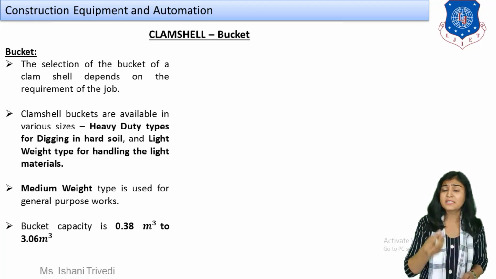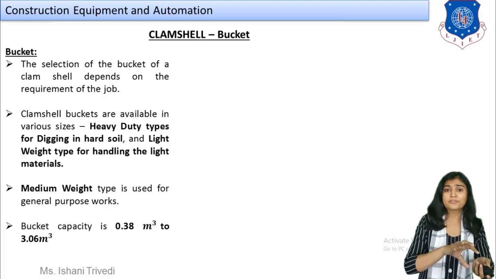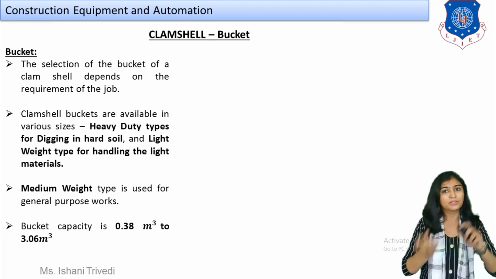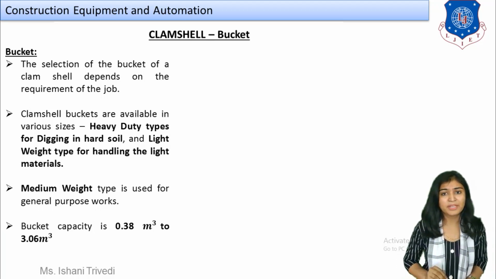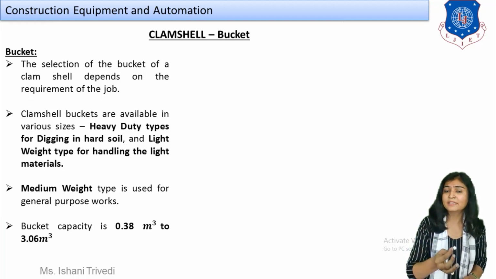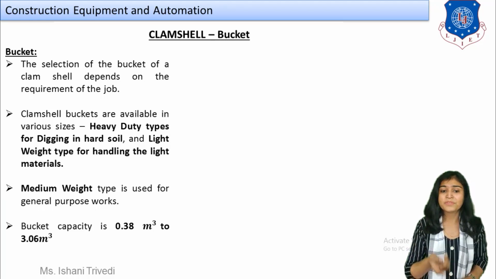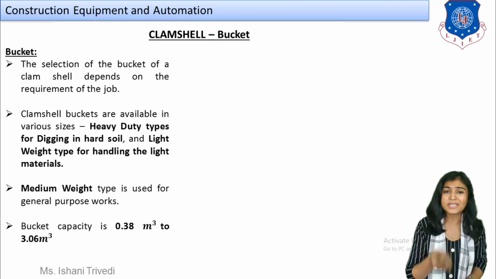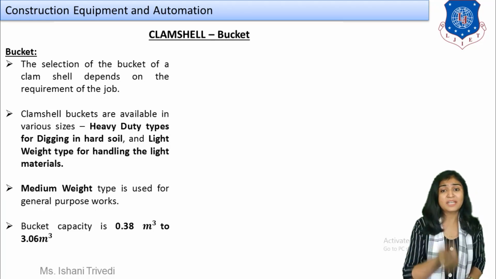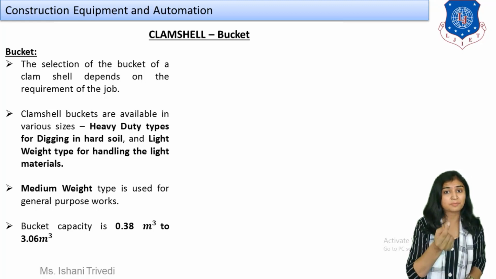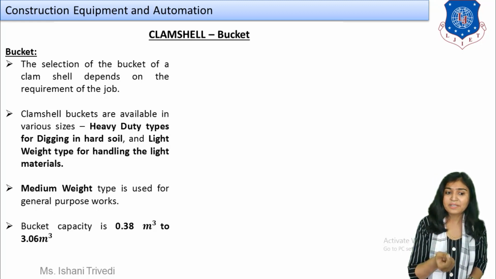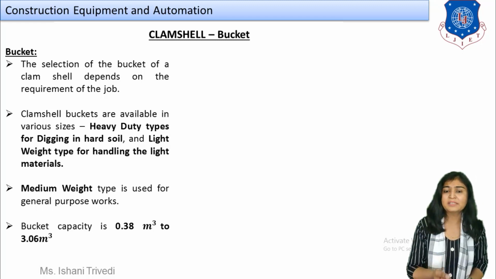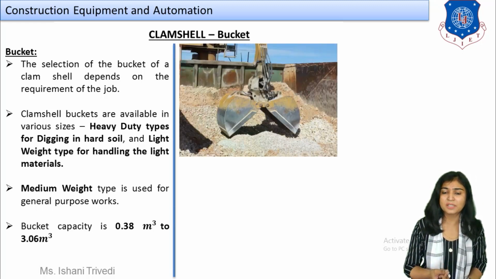The advantages you can derive are the applications, and the opposite of the applications can be your disadvantages. So it depends on what type of work you are performing. According to that, the bucket will be lightweight, medium weight, or heavy duty. Heavy duty type is used for digging in hard soil. One advantage is that you can perform excavation in hard soil and rocky soil. Lightweight type is for handling lighter materials, and medium weight type is for general purpose.